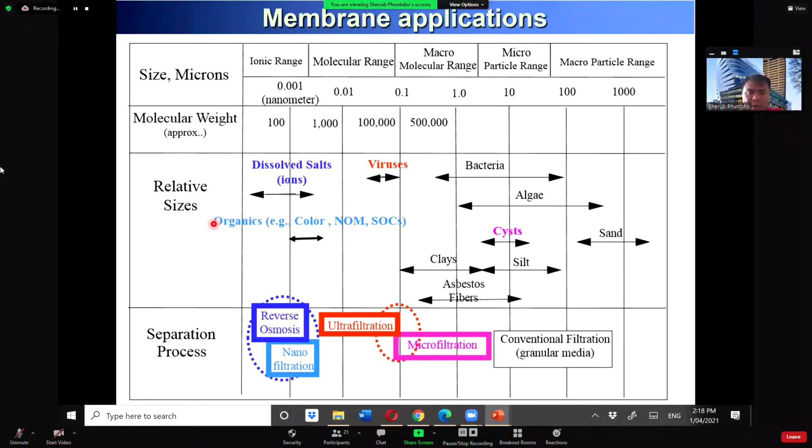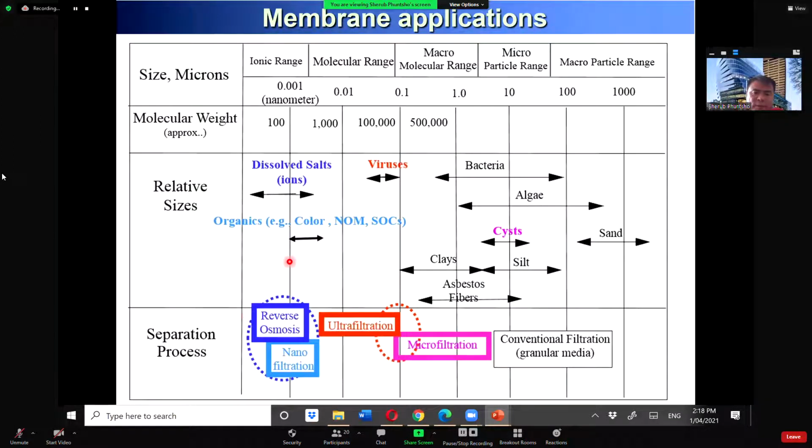And we have some organics, color, and those sort of things within this range. Bacteria is within 1 to 100 micrometer. Algae is also within 1 to 150 or 500 micrometer. So these are different sizes of the pollutants that you can encounter in the water. Within that range, you have to choose which type of membrane is suitable for separation.